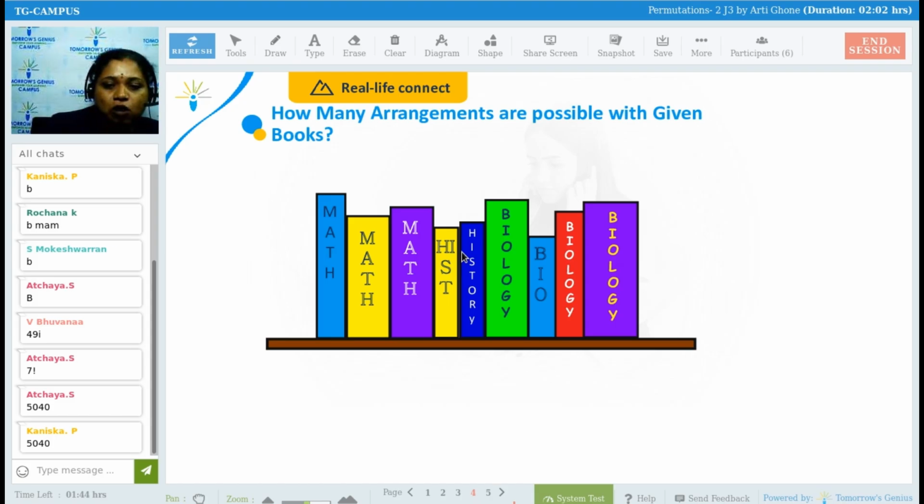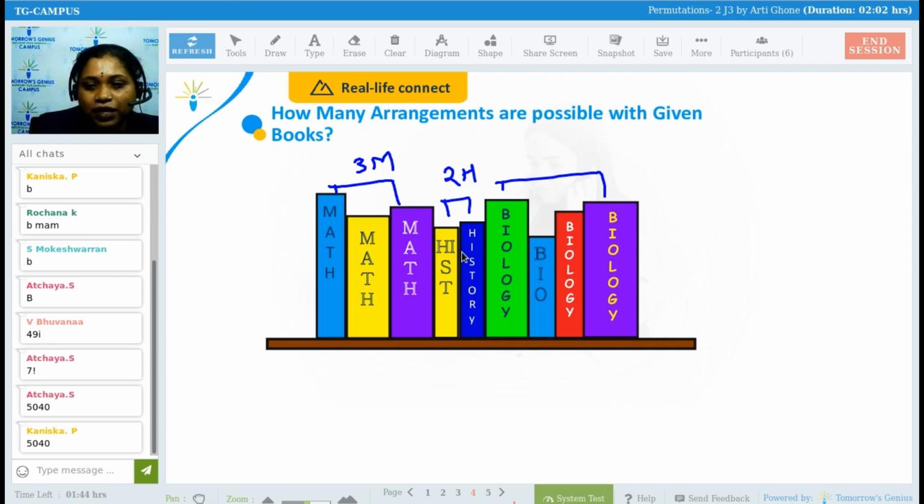Obviously, there are some things to observe: 3 books are of the same subject. Data is different. 3 are the same, maths, 2 are of history. Biology means what? That many arrangements can already be cut from the total arrangement, like if the total arrangement is 9P9. What if I do biology, these two? Biology and biology.